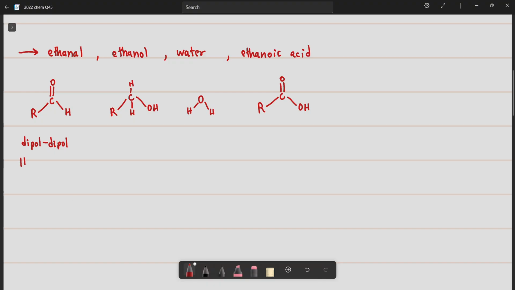It does form H bonds as well, but it cannot form hydrogen bonds with other ethanol molecules. It only forms dipole-dipole interactions. But if there's water or other compounds that have hydrogen attached to a highly electronegative atom, which can be nitrogen, fluorine, and oxygen, like the water molecule, ethanol, and ethanoic acid, it can form hydrogen bonds.